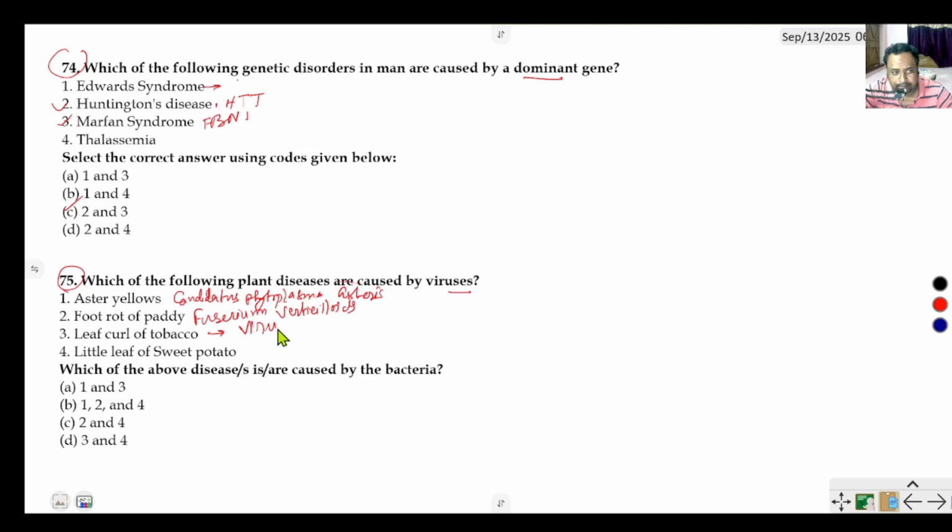This is a viral disease. And little leaf of sweet potato is caused by zinc deficiency or by phytoplasma. So there is only one option. Option number 3 is correct.